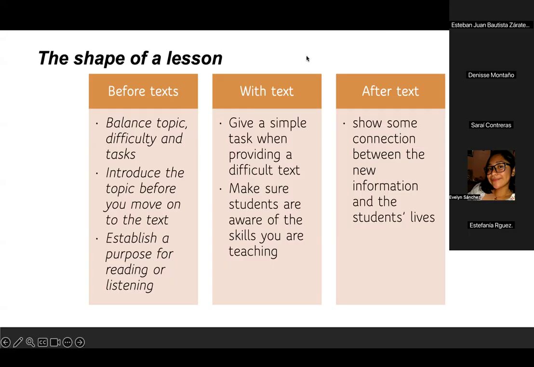After text, the last moment, what does that mean? It says show some connection between the new information and the students' lives.